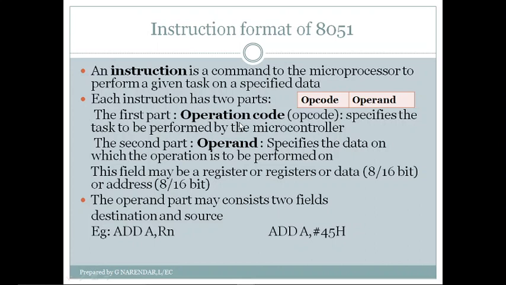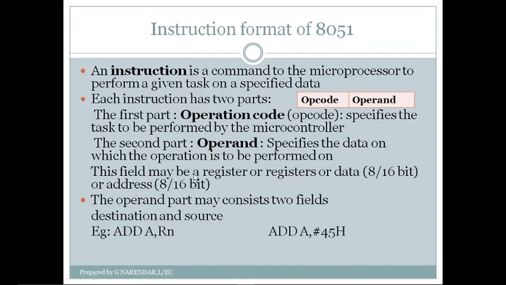Opcode is always the mnemonic. Since we will be using the machine assembly language, opcode is always a mnemonic, and it occupies only 1 byte of data. And operand can be anything.